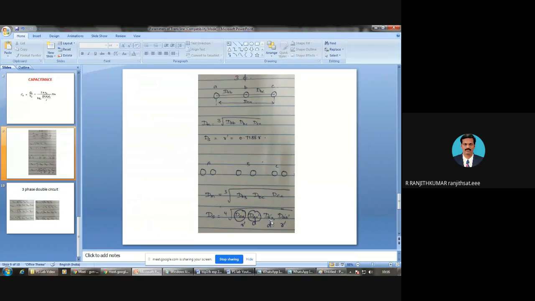Instead of your A and A dash, you have to go for your r dash, and the remaining thing you substitute your D. R dash is 0.7788 r, and D is given there. You substitute here and find the values of Ds and Dm. Substitute in the inductance formula, and you will get the values.